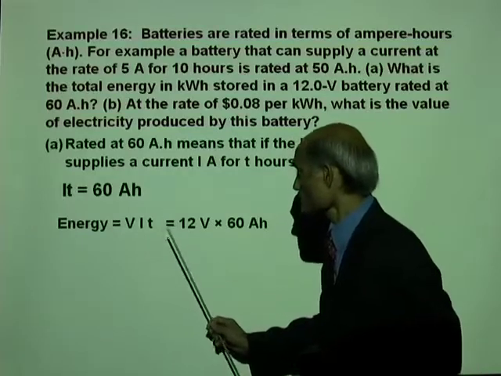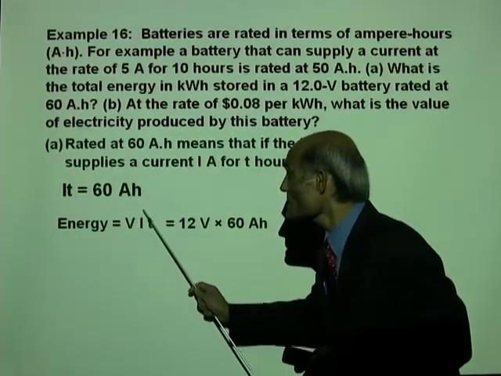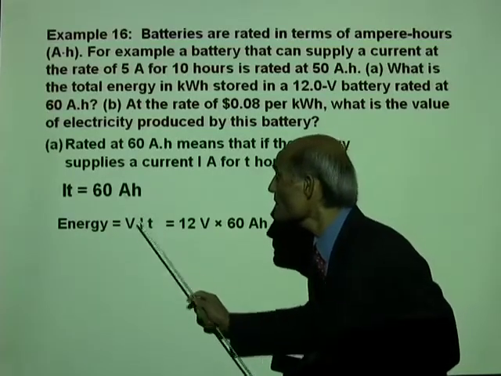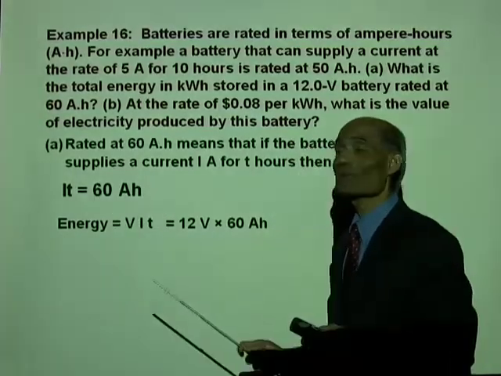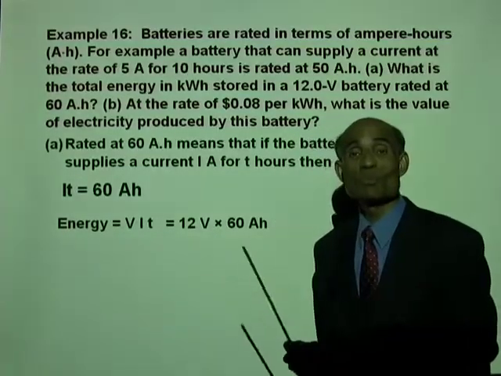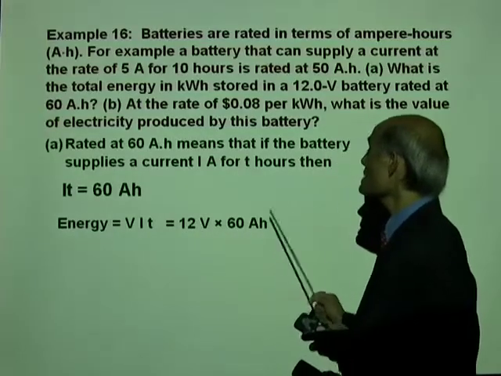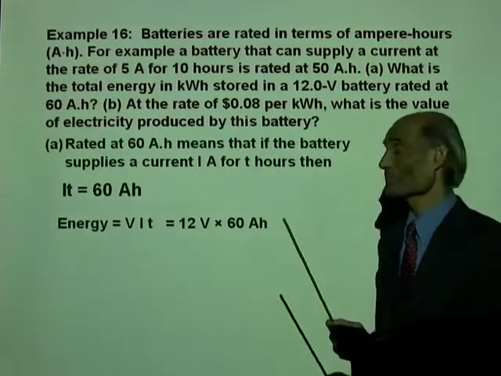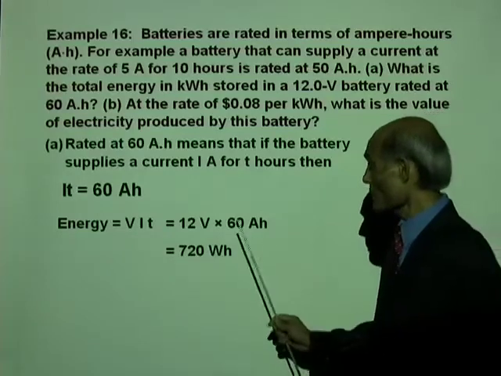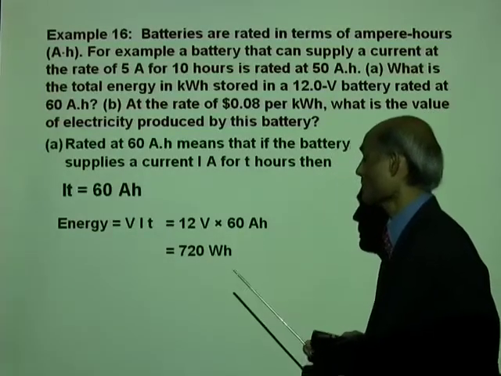Therefore, energy equal to VIT and IT equal to 60 ampere hour. So the total energy the battery will supply will be 12 volts times 60 ampere hour. That will be 720 watt hour.